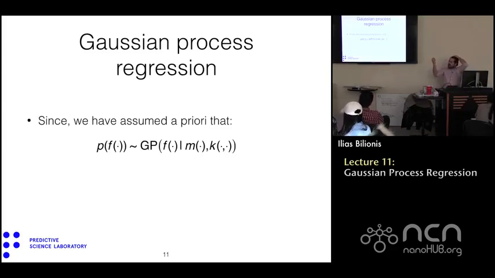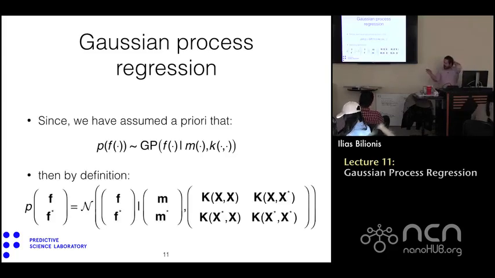And then we're going to use the definition of the Gaussian process. The definition of the Gaussian process says that if you take any number of input points and you consider the function values at these input points, the function values will be distributed according to a Gaussian with a mean vector that comes from your mean function and a covariance matrix that comes from your covariance function.